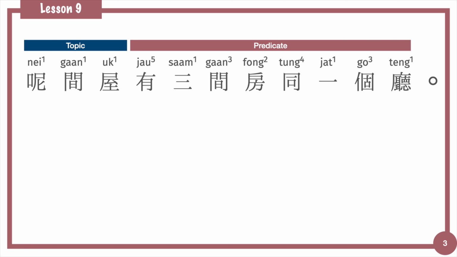One more example. 呢間屋有3間房同1個廳. In topic, we have 屋 originally means house.